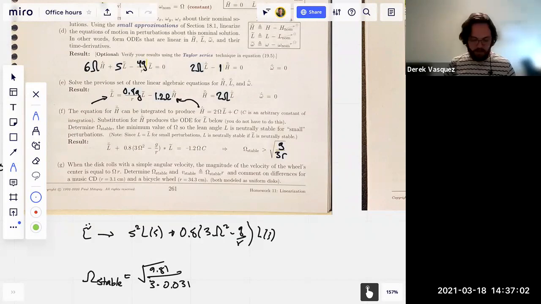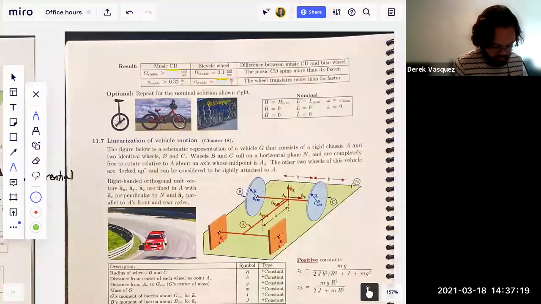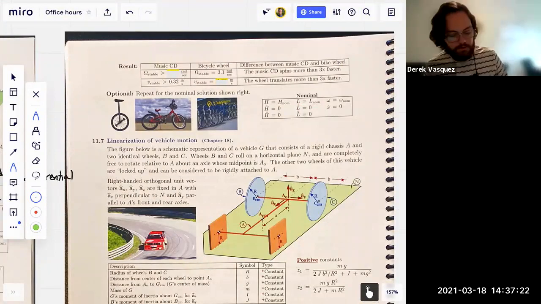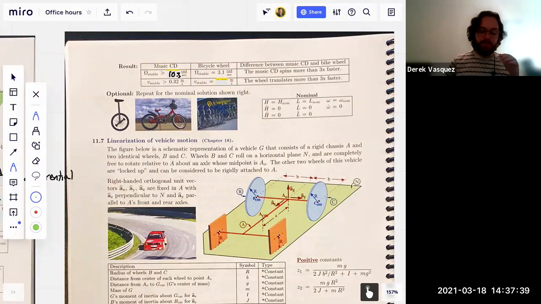So if I plug that in, I get square root of 9.81 over 3 times 0.031. I get omega stable greater than 10.3 radians per second, which when you multiply by r comes out to our stable velocity equal to 0.32 meters per second.